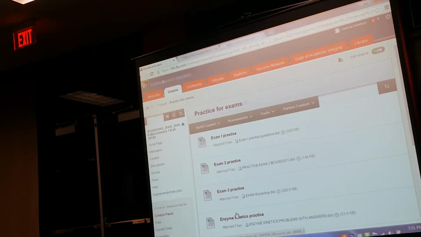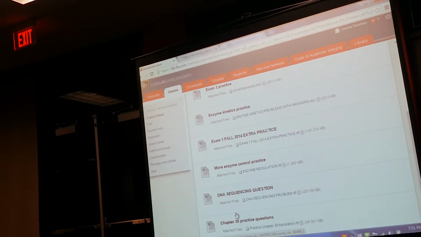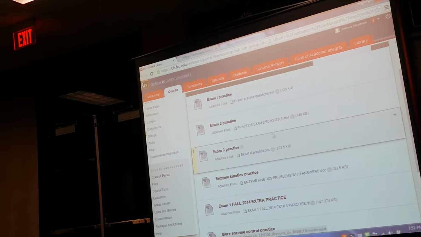So conjugate base over acid. So you will be given a question similar to number 2 on the first practice exam. It may even be simpler than number 2.